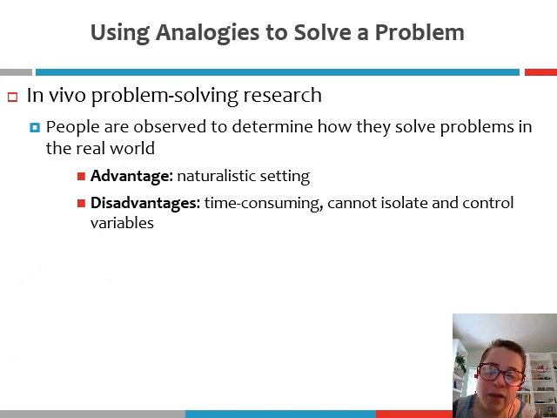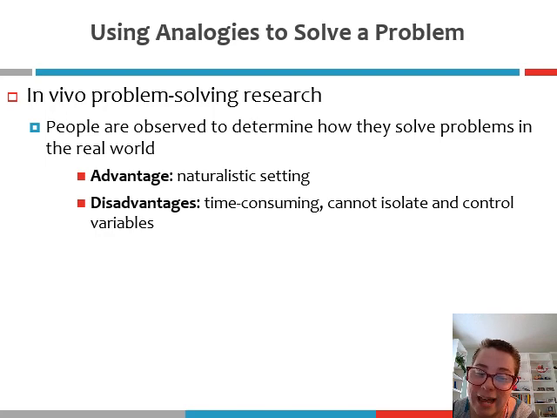Okay. So one final thing I wanted to note is that psychologists haven't just focused on solving problems in the laboratory. They've also looked at more naturalistic or real-world settings in this domain, right?